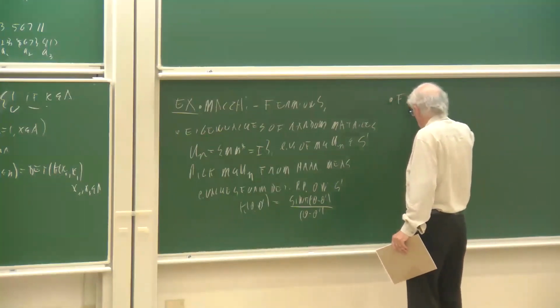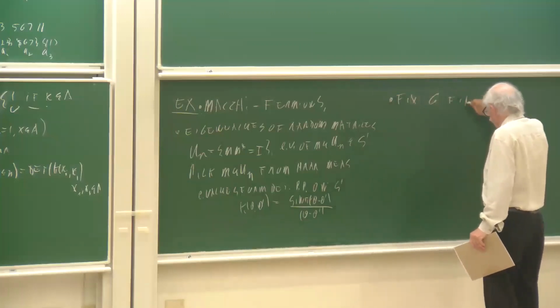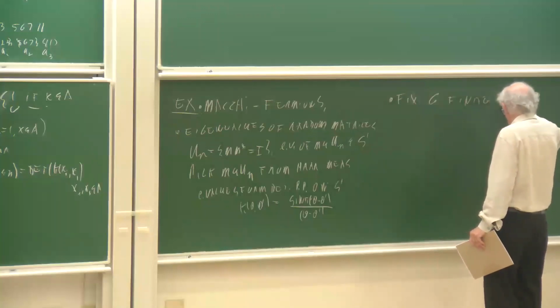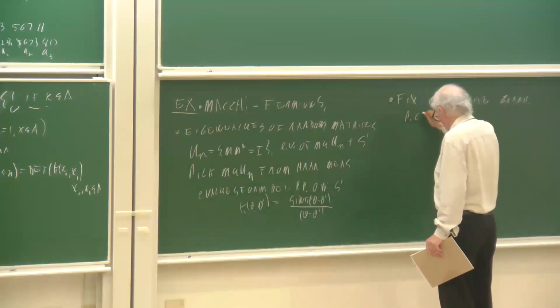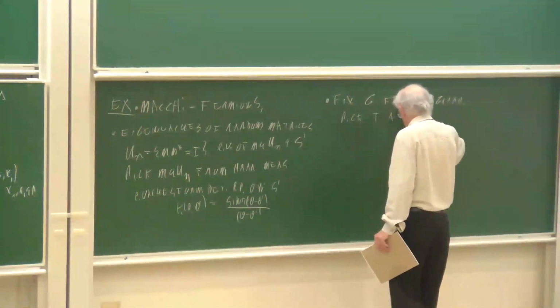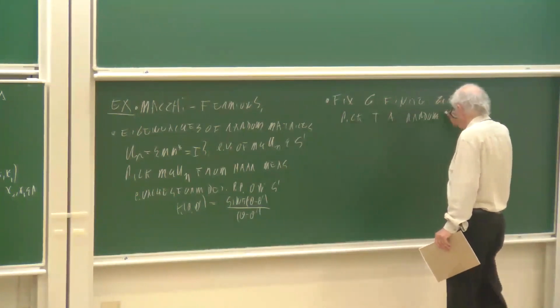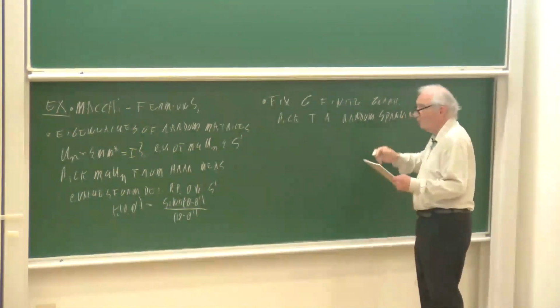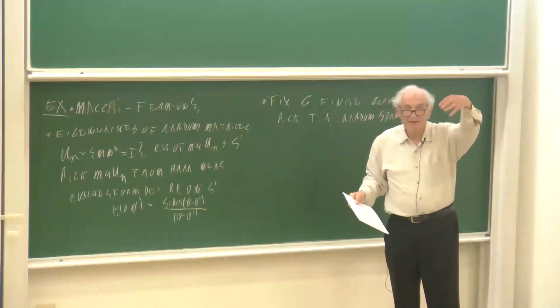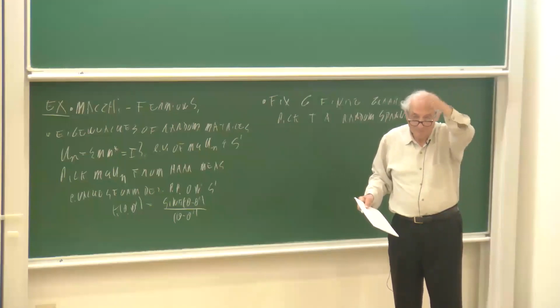Here's a finite example. Fix G, a finite, connected graph, usual graph, undirected simple graph. Pick T, a random spanning tree. So I have a graph, and the spanning tree is a connected subgraph with no cycles.